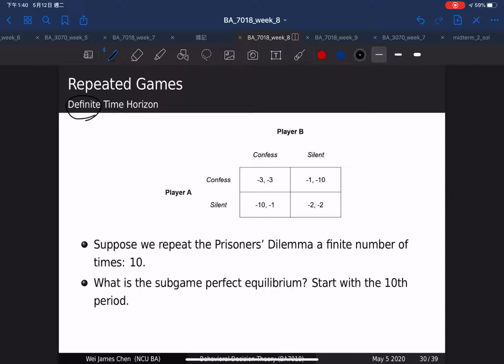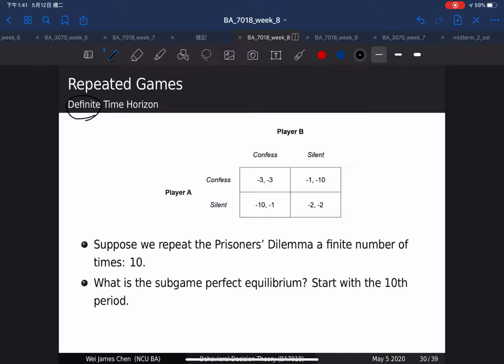Their payoff is simply the sum of the two periods' payoffs, without considering the time discount. But we will consider the time discount later. So we're just repeatedly playing the game and getting all the payoff from each period. Is that clear?